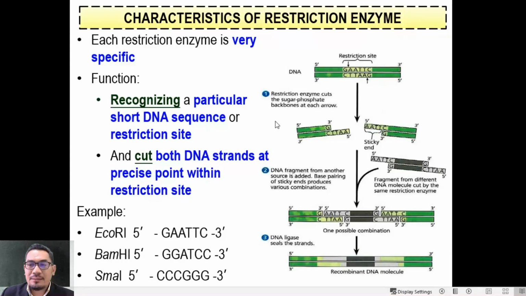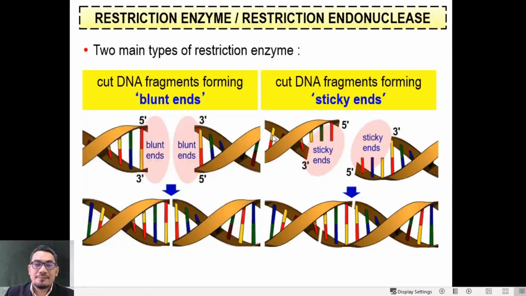For EcoR1, it will cut between G and A at 5 to 3 prime, and on the opposite strand, it will cut between A and G at 3 to 5 prime. The second example is BamH1 that recognizes 5 prime GGATCC 3 prime.